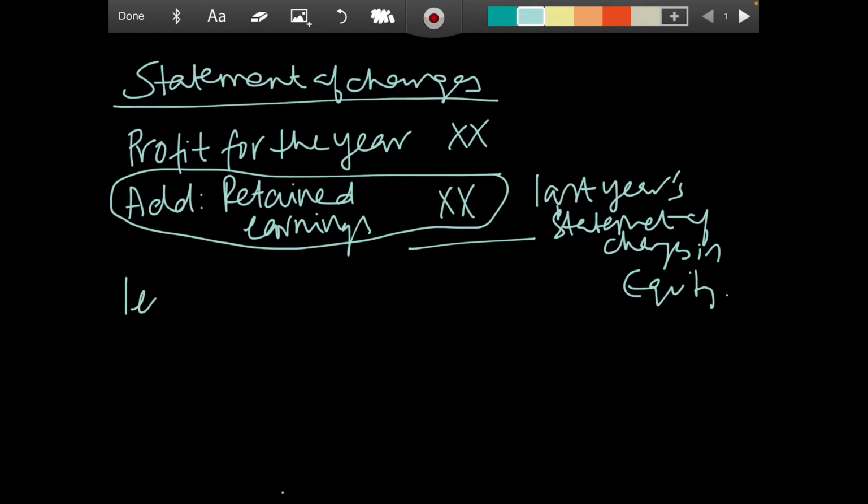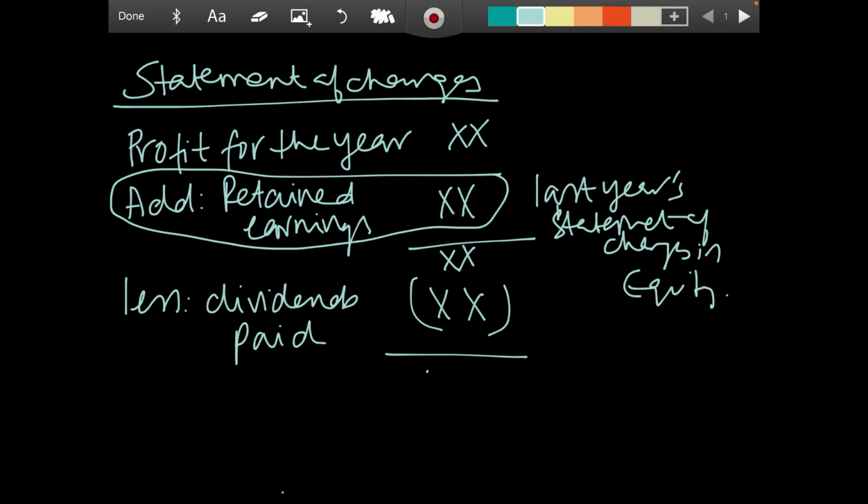After that, we will subtract the dividends paid, and we will also subtract if we transfer our profit to general reserve.